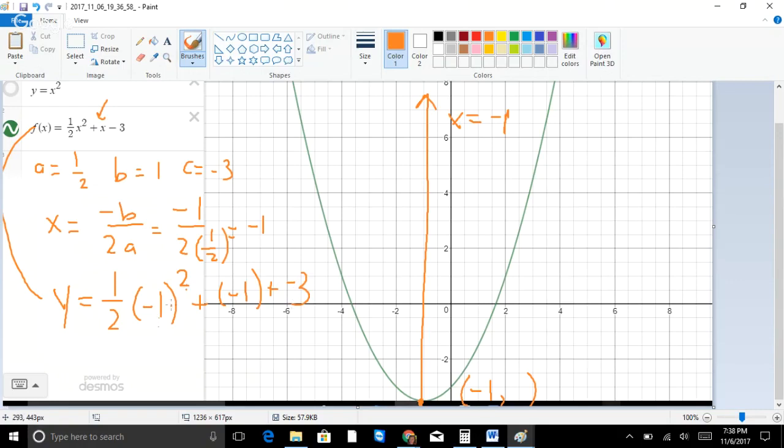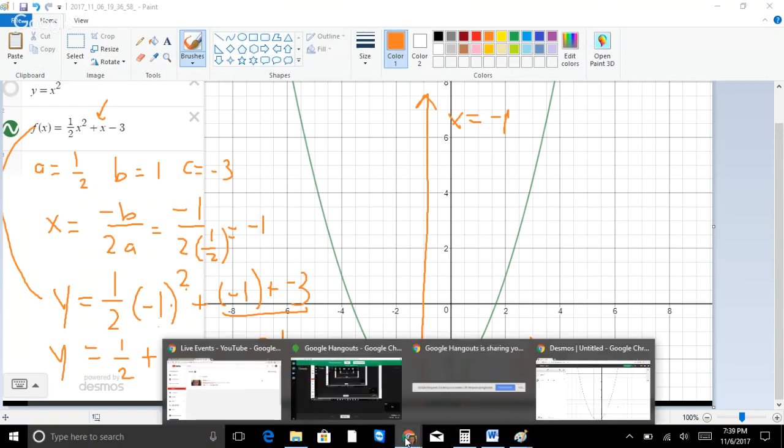Negative 1 squared is 1, so this is that 1/2, plus, and then we'll just add negative 1 and negative 3, negative 4. So y is at negative 3 and 1/2. All right, so I think my vertex is at (negative 1, negative 3 and 1/2).